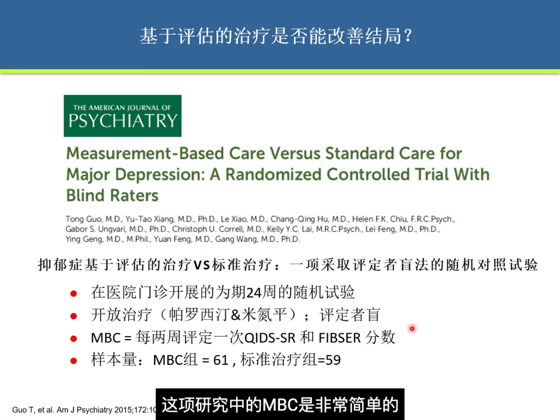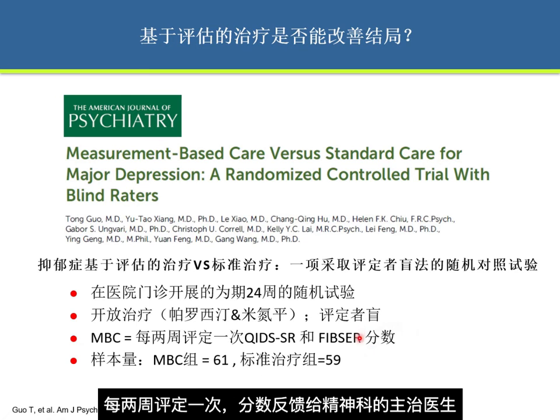The measurement-based care in this study was very simple. They used a patient-rated scale, the Quick Inventory for Depressive Symptomatology scale, the QIDS-SR, and a simple side effect scale, the FIBSR, to measure side effects from the antidepressants every 2 weeks, and the scores were given back to the treating psychiatrists.